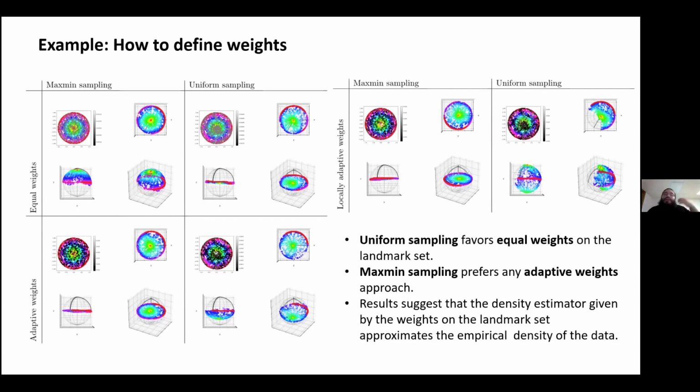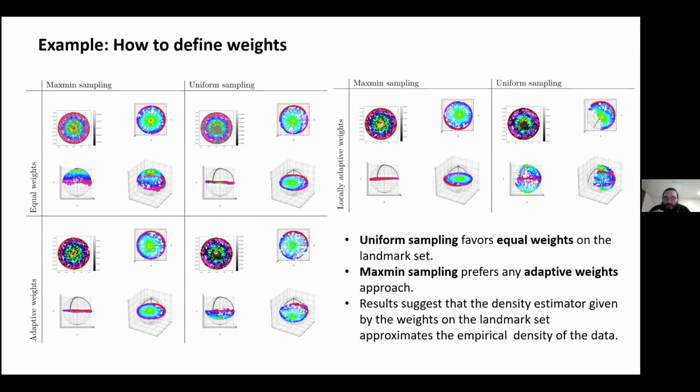If I compare across all these examples, what seems to happen is that, for example, for uniform sampling, the preferred weighting strategy is the uniform one, while for maximum sampling, the preferred strategy is adaptive weights.